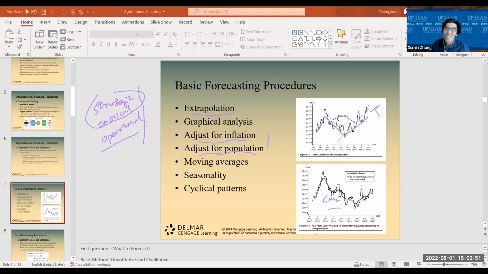And later on, it turned out your target usually is on the nominal value. So actually that year we hit the target of three times bonus. So we needed to adjust for inflation. For example, if you want to set the growth at 5%, and then the inflation currently is about 10%, right?